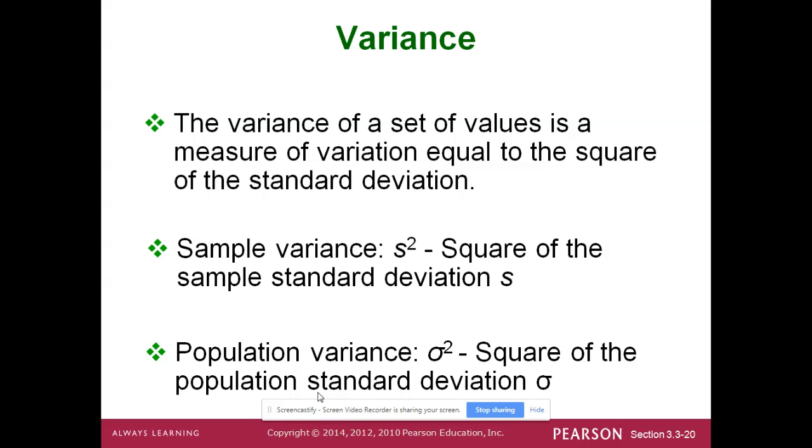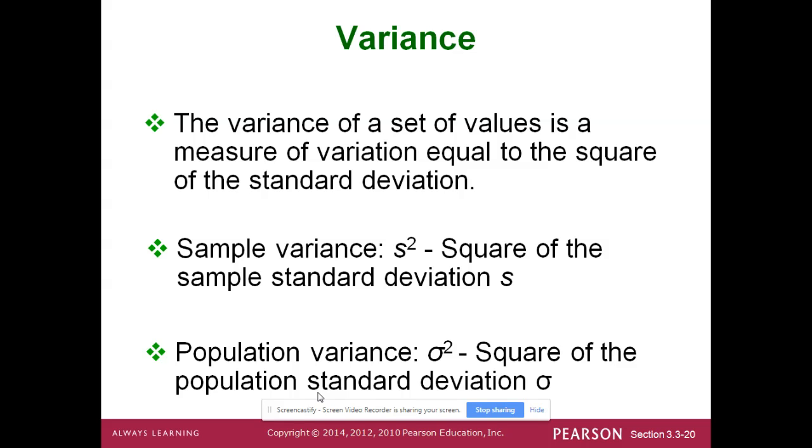Variance. Variance is related to standard deviation. It's the square of the standard deviation. To find the standard deviation, you have to take the square root at the end. Well, we undo that, and we have what's called the variance. Sample variance, S squared, is how we note that, and then sigma squared for population variance.